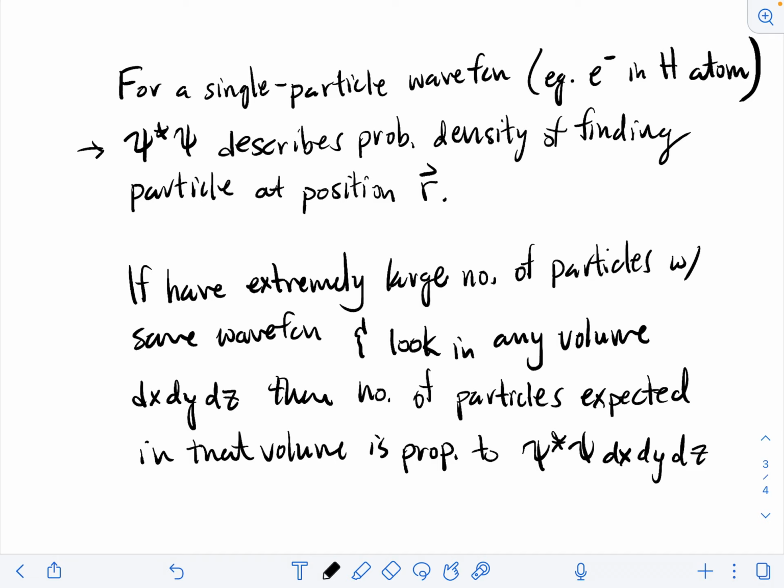So if you did this for a single particle, like the electron in the hydrogen atom, then the square of the wave function times the volume element tells you the probability of finding that one particle there. But now if you have tons of particles, all described by the same wave function, then they all have the same probability of being in this little volume, and so the number of particles you expect there is just proportional to this probability and to the number of particles that the wave function describes.